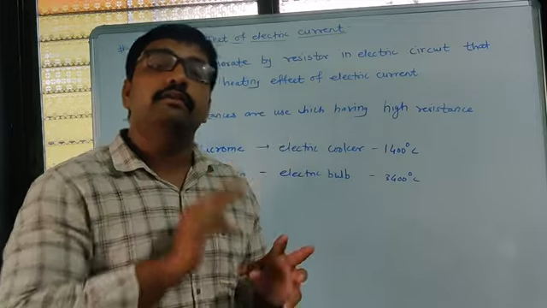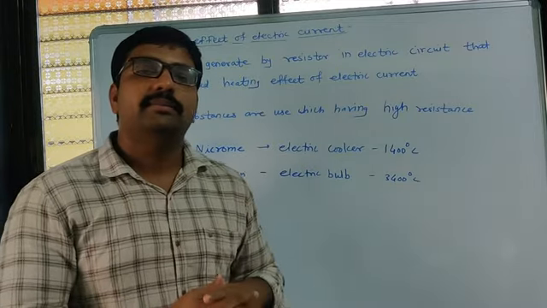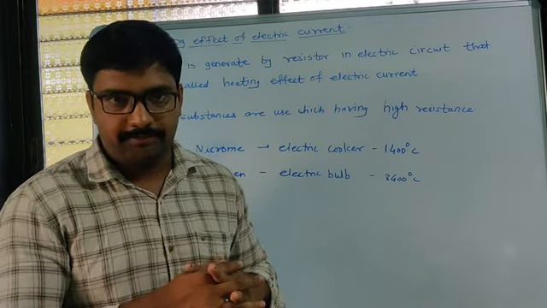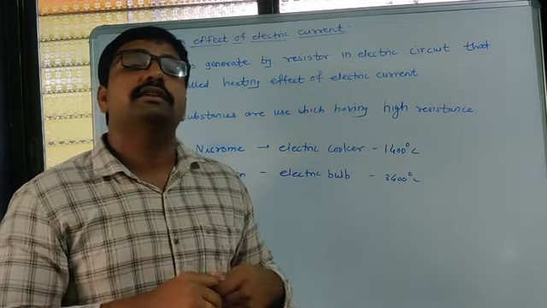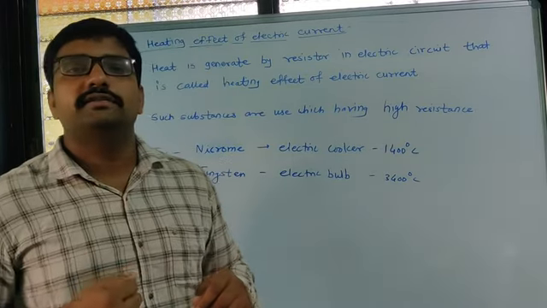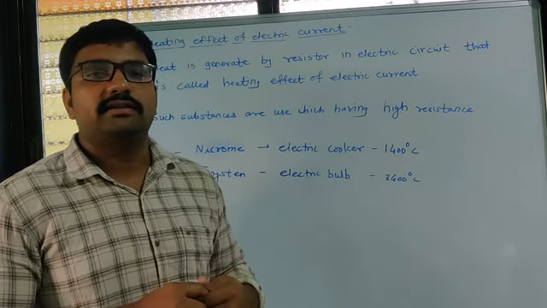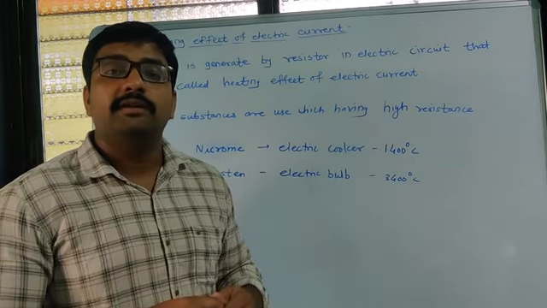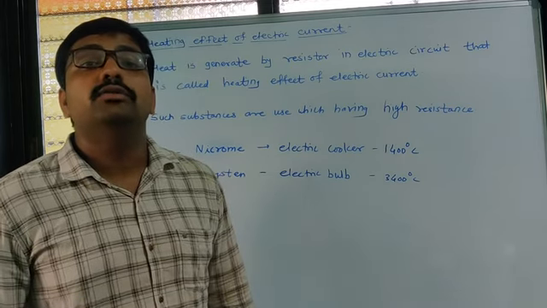For that work done we need some energy, and that energy is supplied by the battery. Using that energy, charges are passed through the resistor, and the total work done to pass those charges through the resistor gets converted into heat.